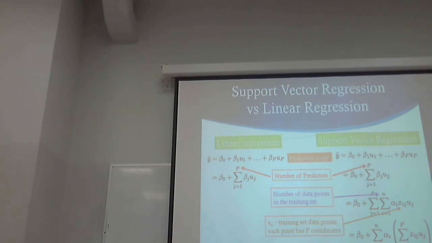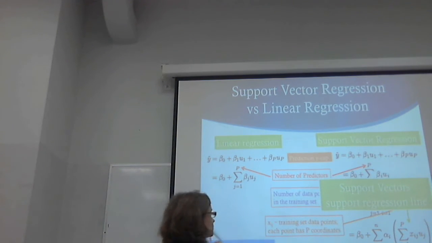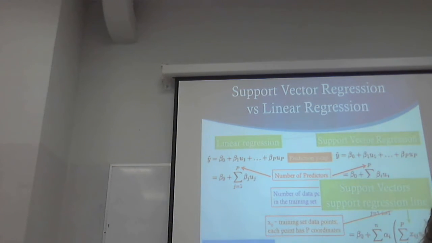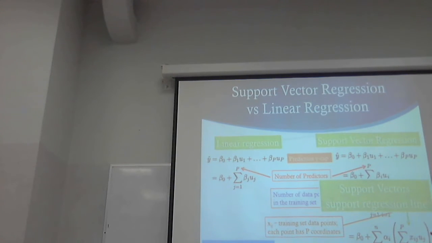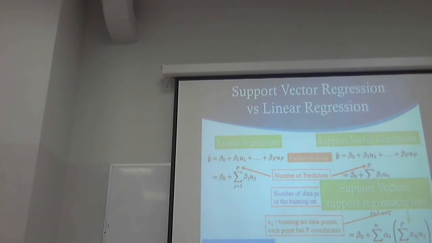But at the end, what you are looking at is a linear combination of support vectors. Our support vectors ended up in the sum, and you finally build a regression on the support vectors.